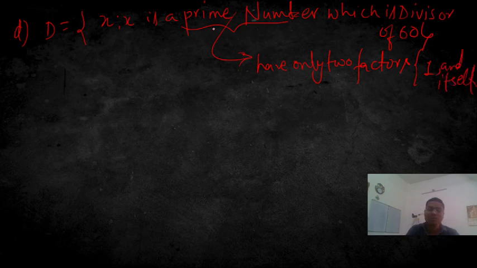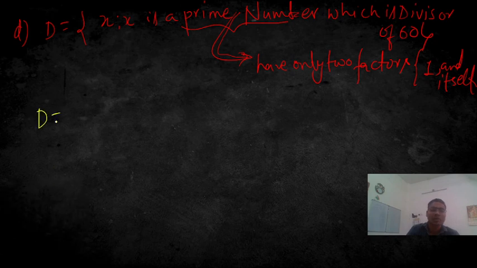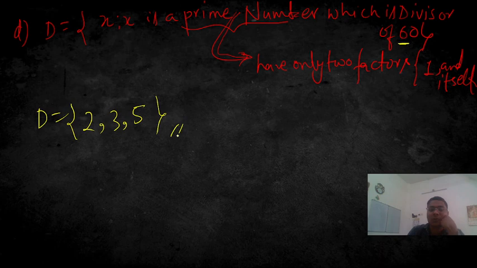So a number that can be divided by itself and 1 only is a prime number. Coming to the answers of this question, you can write the prime numbers that divide 60. 60 can be divided by 1, but 1 is not a prime number. 60 can be divided by 2. You can divide 60 by 3. You can divide 60 by 5. And there our answer ends.